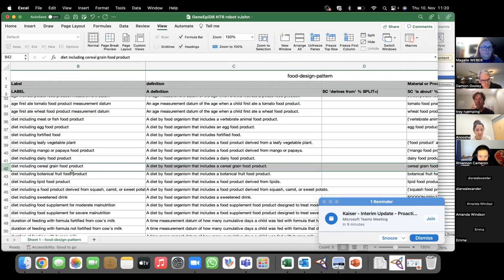It is the interaction between food and consumer that is being described here. These are not different kinds of things going in your mouth. This is a description of how often you put it in your mouth, when you put it in your mouth, whether it went in your mouth or went in via an IV tube, all kinds of things, right? And therefore, I think, check me on this, that this, by definition, belongs in a separate ontology. This is the interaction between eating organisms and foods, as opposed to describers of the foods themselves.